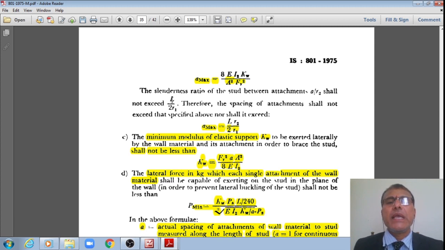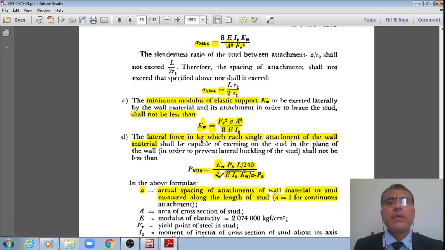However, it shall not exceed L by 2R1. Now, the spacing of the attachment shall not exceed the specified above, nor shall exceed sigma maximum. The upper bound value for this one is in any case not greater than LR2 divided by 2R1.